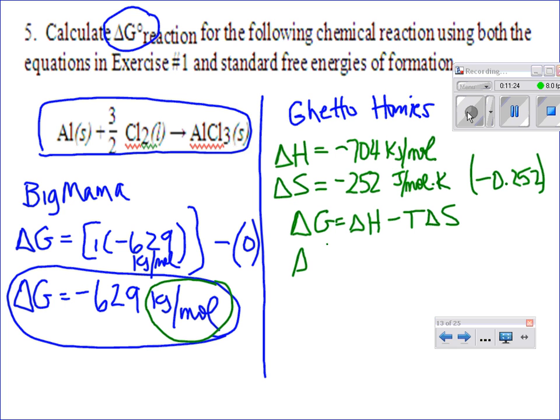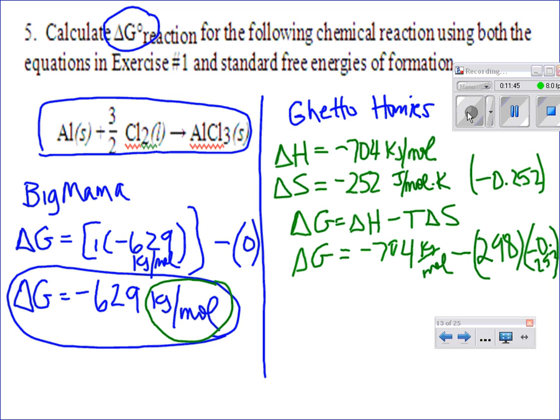All right, I'm going to solve for delta G. Plugging in negative 704 kilojoules per mole minus, what's my temperature? 298. I heard some weird numbers being said. I hope you all understand it's 298 times negative 0.252. And when you solve, look what you get.